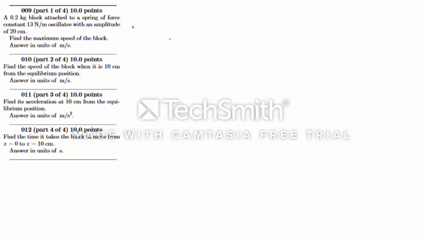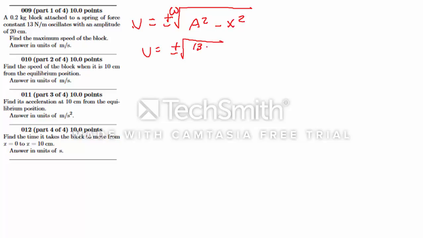Number 10, we're going to find the speed of the block when it is 10 centimeters from the equilibrium position. So we can plug right into this equation, plus or minus, we need omega in here, the square root of a squared minus x squared. Velocity is going to equal plus or minus the square root of 13 newtons per meter over 0.2 kilograms times the square root of a squared, which is 0.2 squared, minus 0.1 squared.